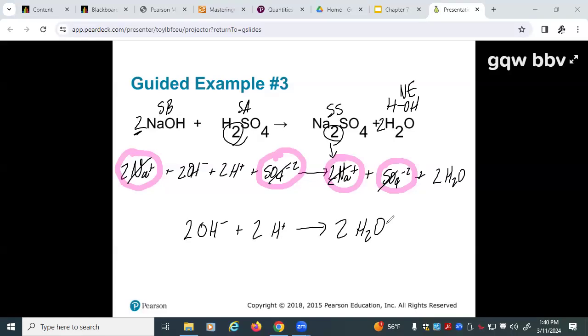That's just recopying what was in the ionic equation. You might notice that all of those have a coefficient of 2. And so another way to represent this would be in the reduced form. Hydroxide plus hydrogen makes 1 water. And that would be acceptable as well.